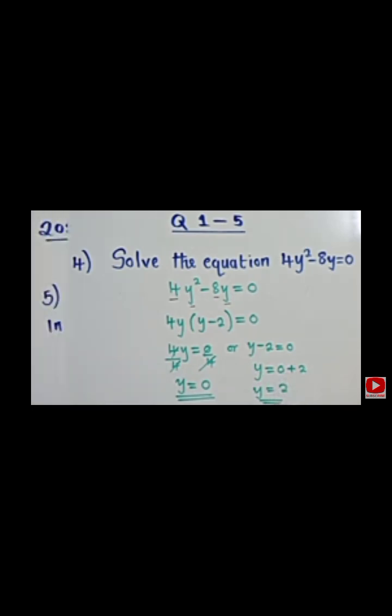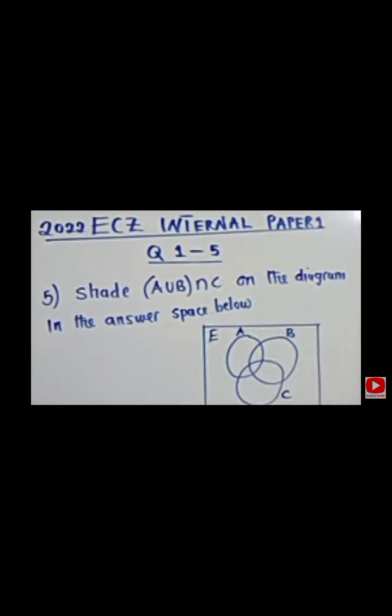That's it. So for question 5, here to shade this, okay, we need to shade this on the diagram right here. So the first thing that you must think of is just to put the numbers here. I like putting numbers in the spaces.